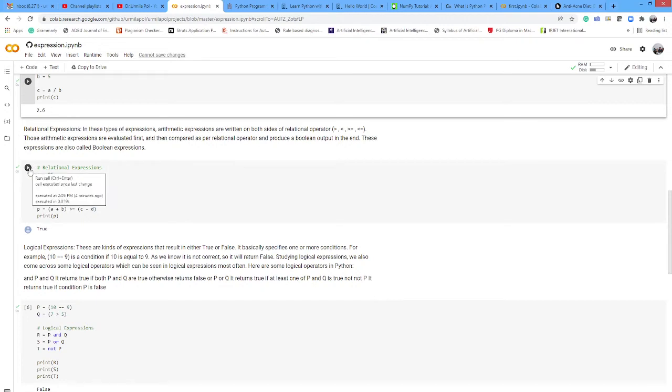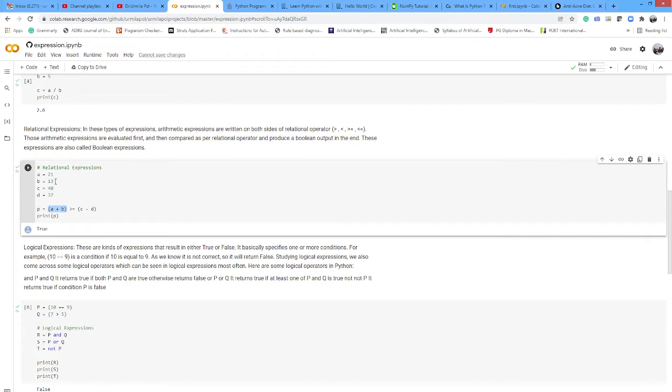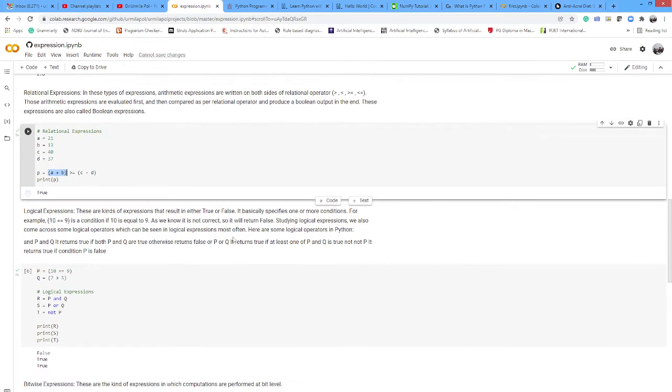Suppose if you execute this, it checks a plus b, which is 34, and c minus d, which gives 3. Therefore 34 is greater than c minus d. If the condition is true, then it gives true. Print p, true, because a plus b is greater than c minus d.